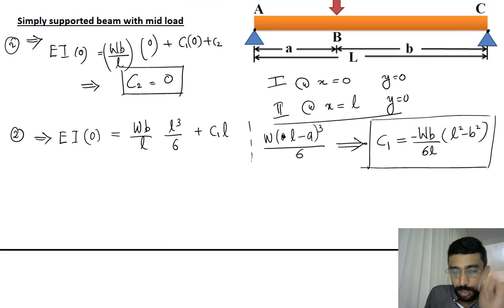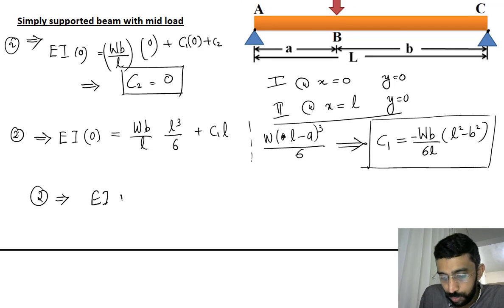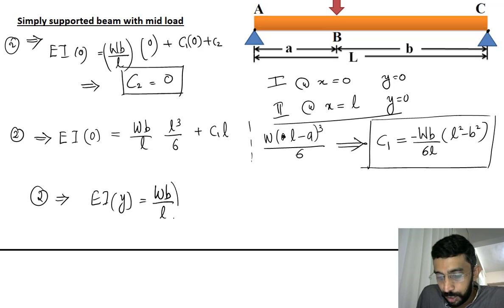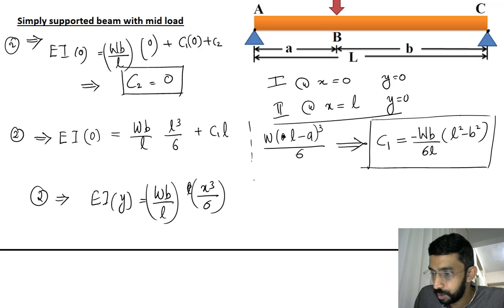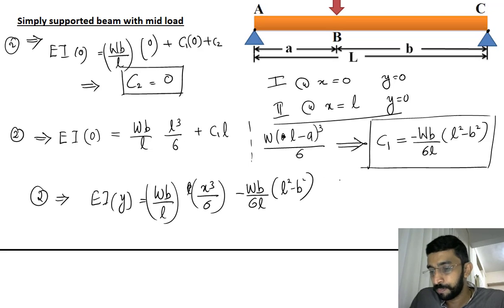Now let us rewrite equation 2. So 2 gives EI into y equal to WB by L into x cube by 6, and C1 is going to be minus WB by 6L into (L square minus B square), right? Now comes the next block, which is nothing but plus W into (L minus a) the whole cube by 6.